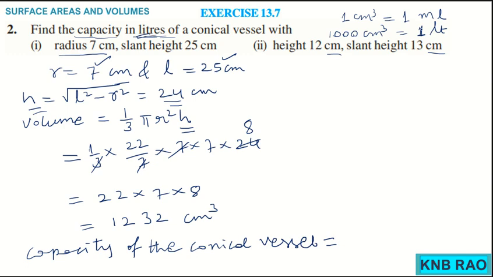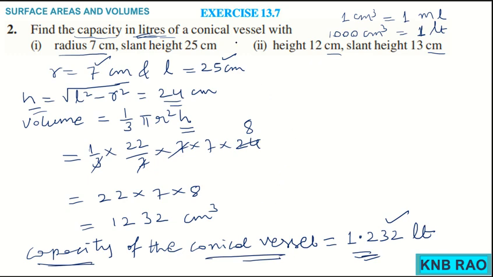As I already mentioned, 1 centimeter cube is 1 ml and 1 liter is 1000 centimeter cube. Thus, it becomes 1.232 liters. When I divide this 1232 by 1000 centimeter cube, it gives liters. When I divide by 1000, it converts into liters. That is called the capacity of this conical vessel.